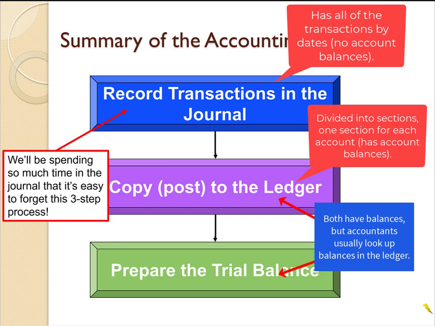The journal does not have balances, and it's just a list of all the transactions. The ledger is split up by each account, and inside each account section, there would be a list of the transactions just for that account and their balances. And the trial balance is just a tool that accountants use to make sure that everything balances. In other words, they use it to make sure that debits equal credits.